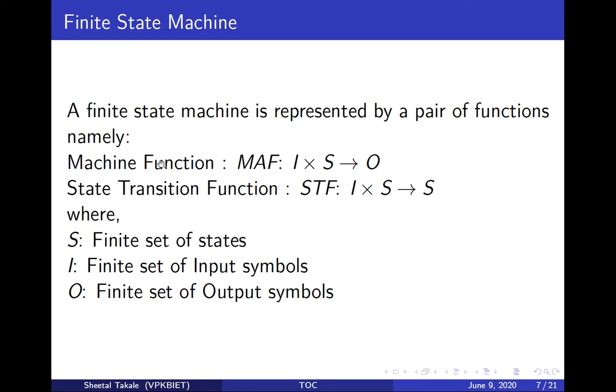The machine function maps the present input and present state to a new output, and the state function maps the present input and present state to a new state. So based on the present input and the present state, it results in a new output and a new state.